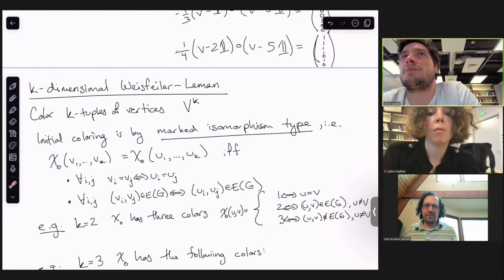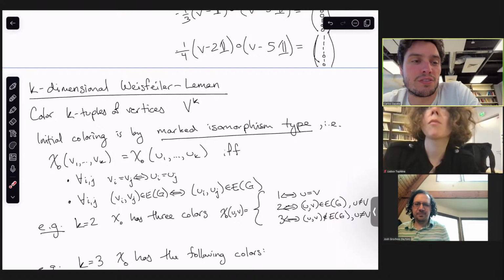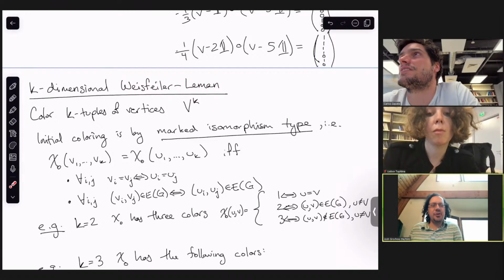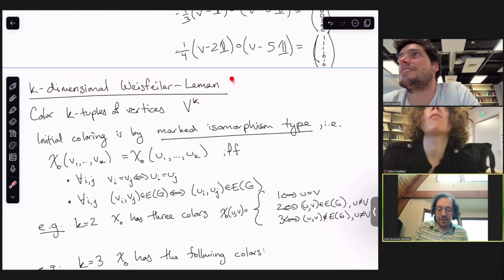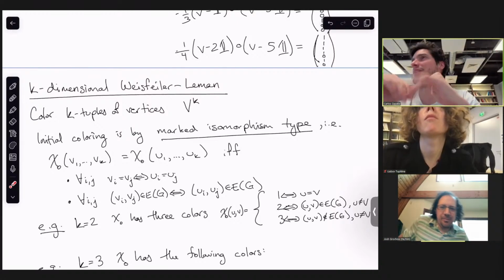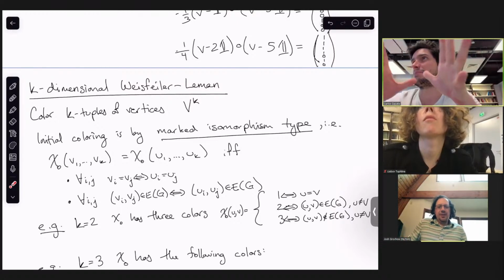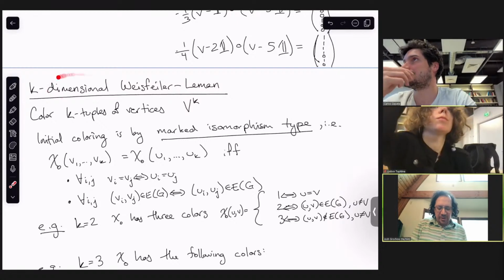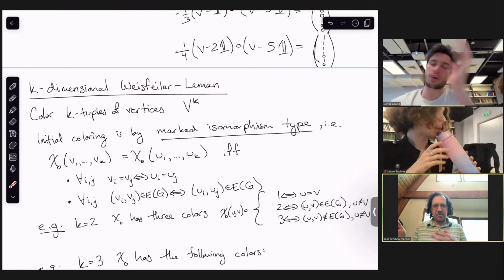Yeah, that's why I'm a little bit confused about the use of dimension there. Wouldn't it technically be kth order in some sense? Yeah, it should be order, but in the Weisfeiler-Leman literature, it's very standard that this is called k-dimensional Weisfeiler-Leman. Yeah, I understand. I'm not trying to change it, but technically the dimension in terms of the tensors should be order. Right.